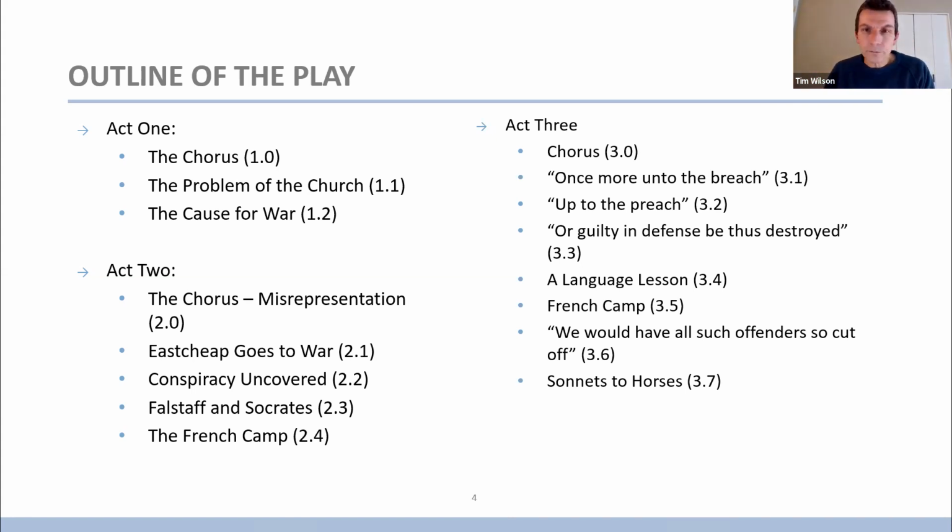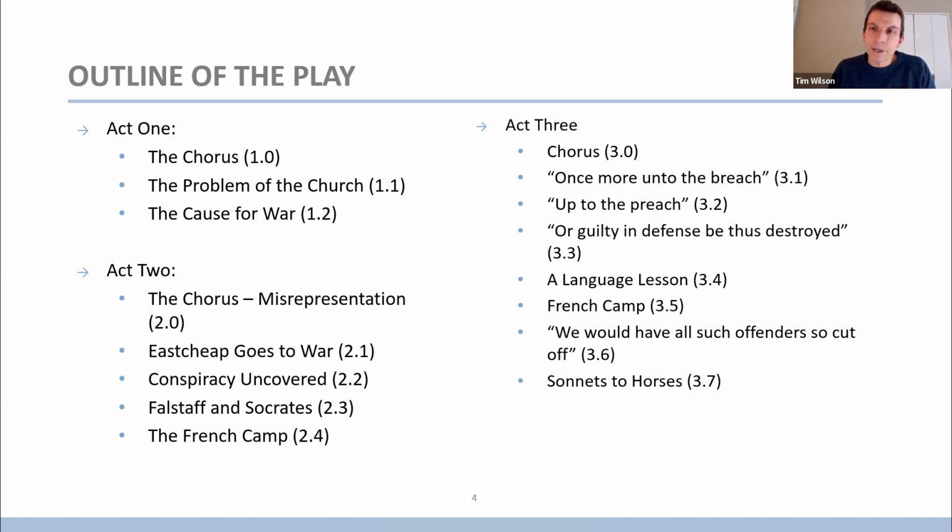Act 3, Scene 4, what I've called a language lesson, moves to a lighter, more comic scene from that height of the horror of war, in a French palace where Princess Catherine sees what's happening and says, maybe I have to learn English here. Maybe we're about to be conquered.